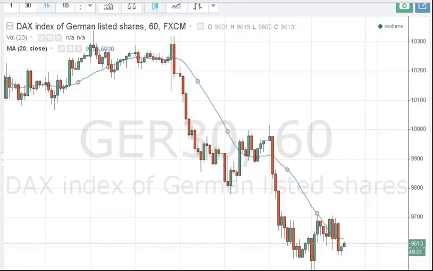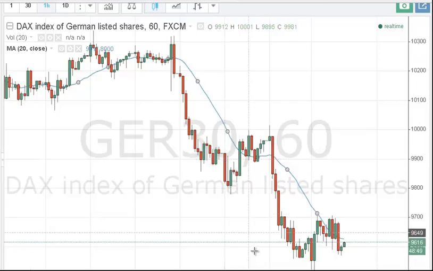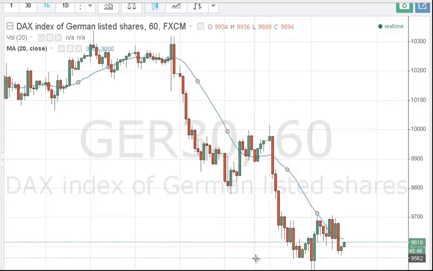So I'm looking for €150 profit. I'm risking 50. So the idea here is that the market's moving around because it's already fallen. But if it were to fall down to this level, it would have made the next leg down.